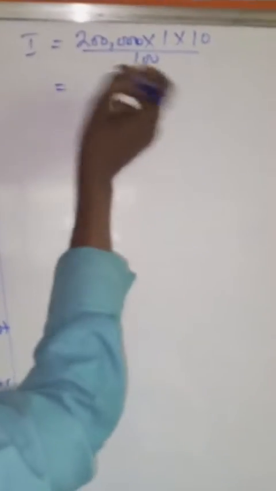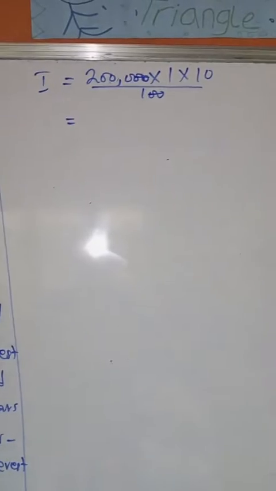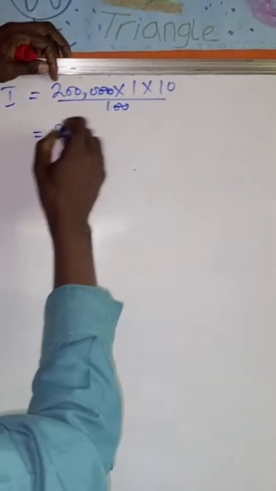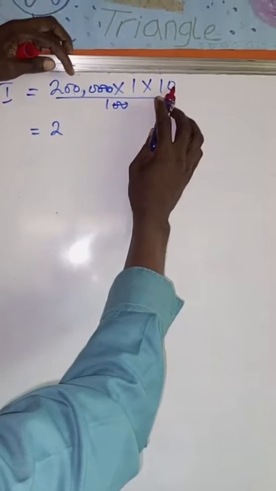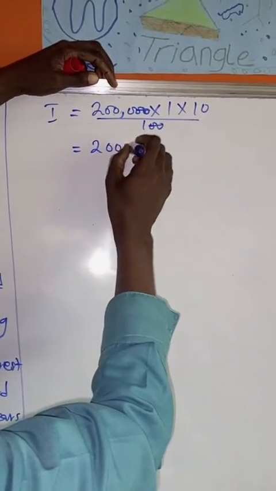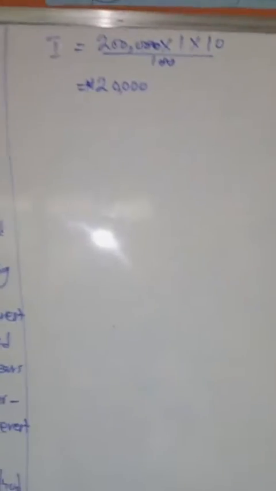Then multiply by our rate, 10%. 20 goes for 2, 1 times 2 is 2, and counting the zeros, that's 20,000. So in the first year, the person will have 20,000.